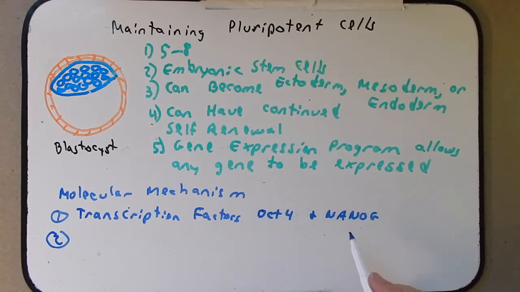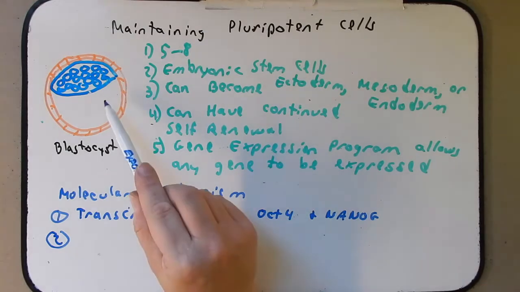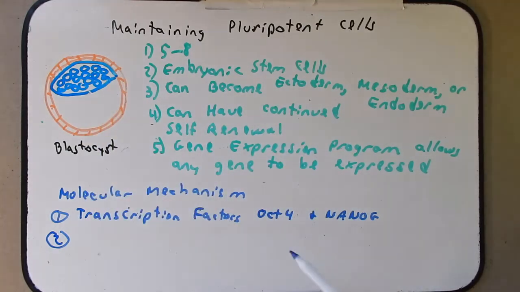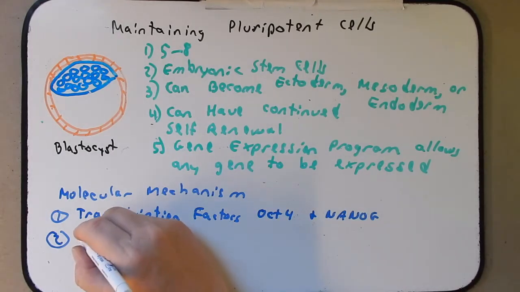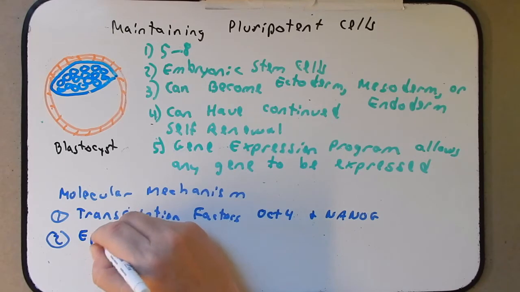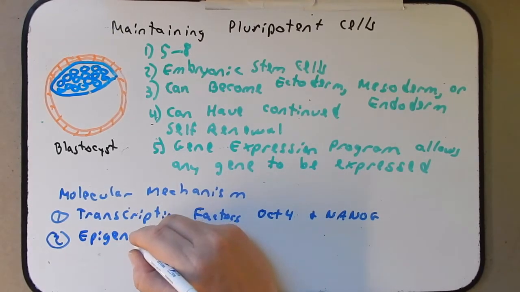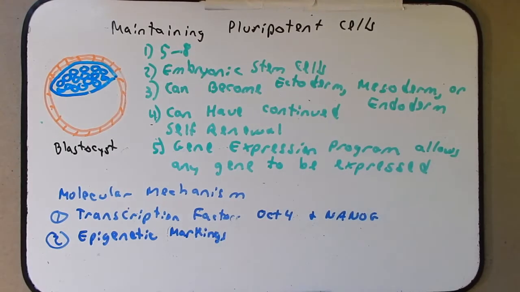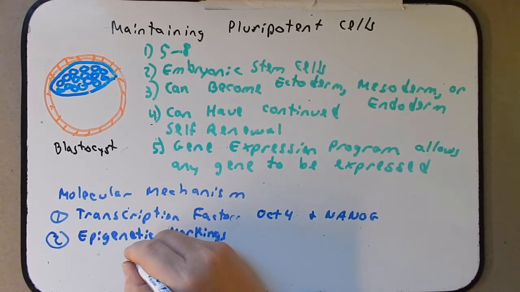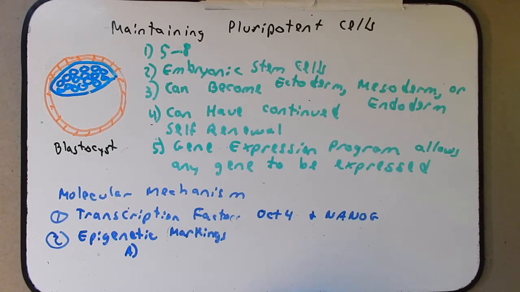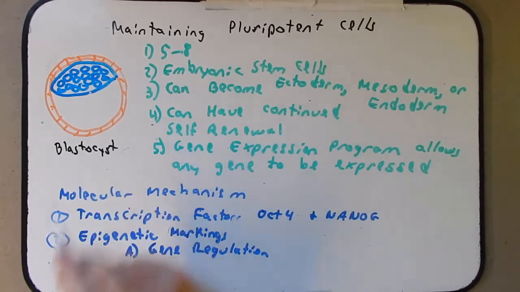However, that doesn't explain everything, because we can look at one set of embryonic stem cells and another, and we can see slightly different expression profiles. So the other thing we have to consider, not shocking, since this is an epigenetics class, is that there are epigenetic markings as well. These epigenetic markings help explain gene regulation in these embryonic stem cells.